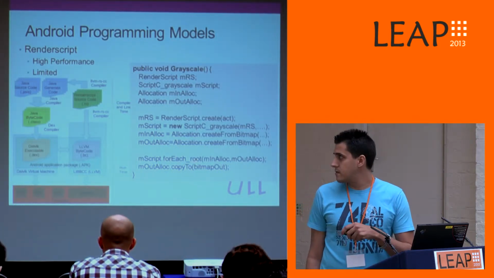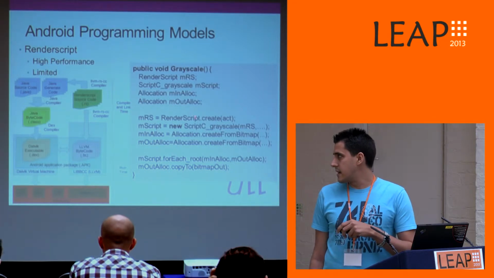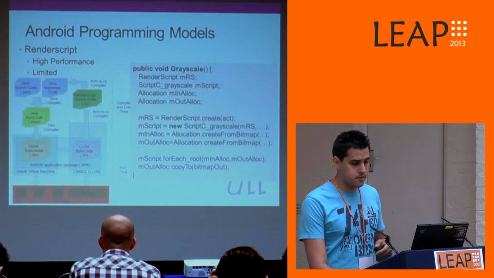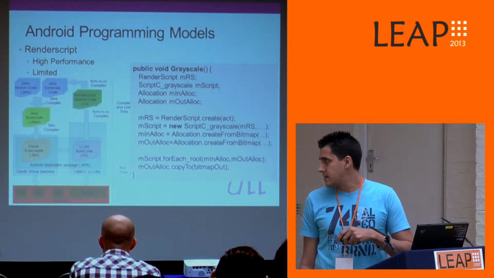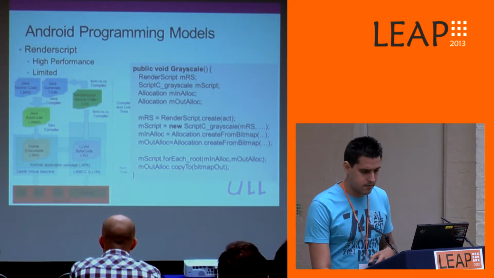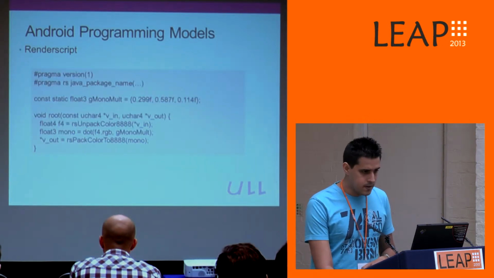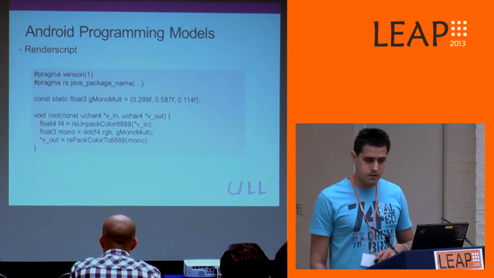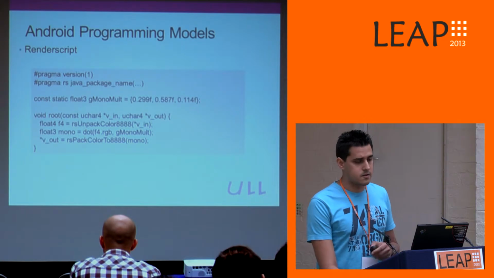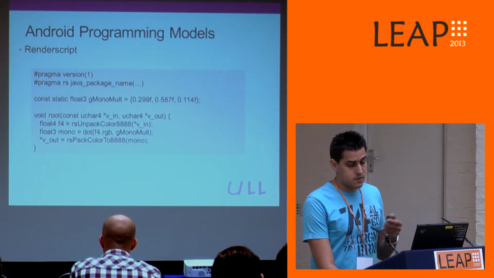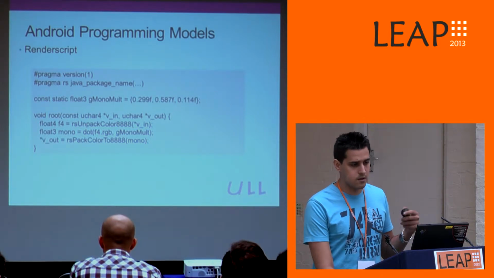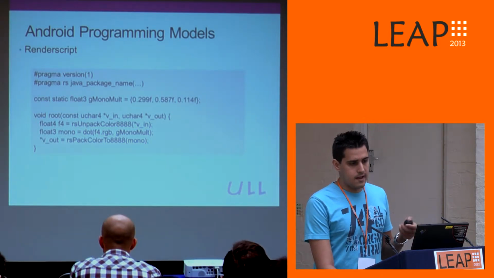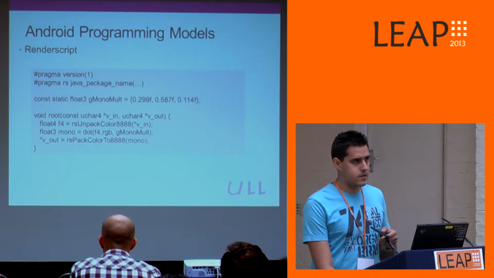The Java section, where we create the Renderscript context, allocate the memory, and call the Renderscript function. And the Renderscript implementation, the Renderscript code is similar to C, but with some extensions, like vector operations.